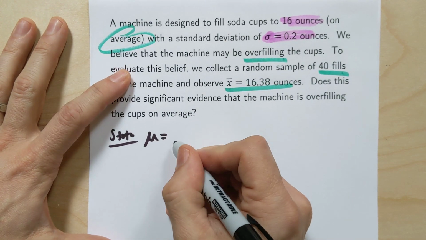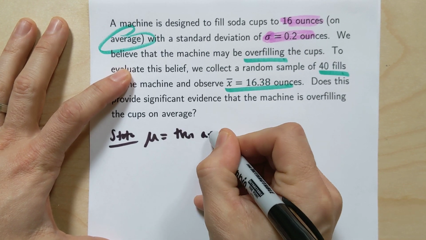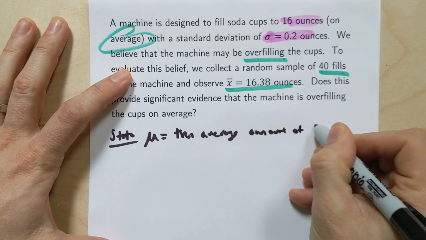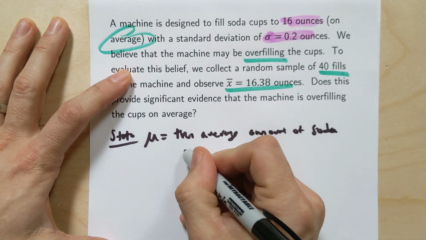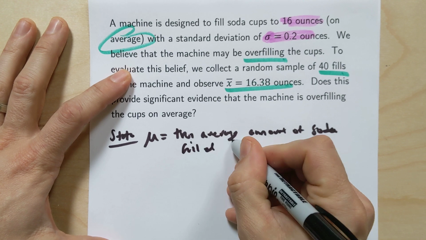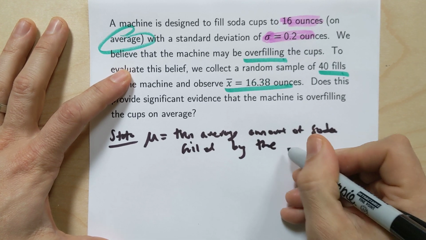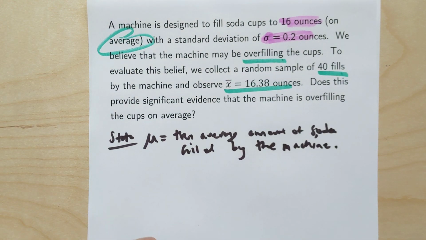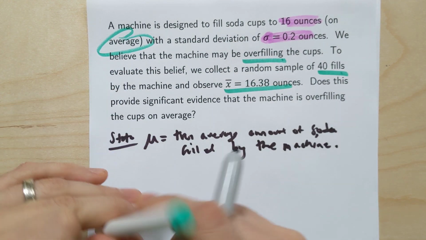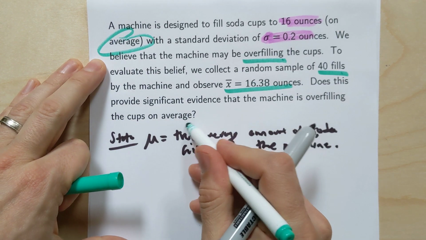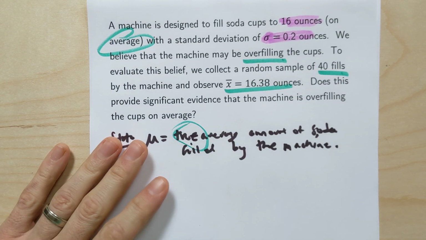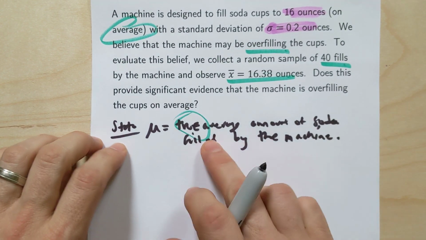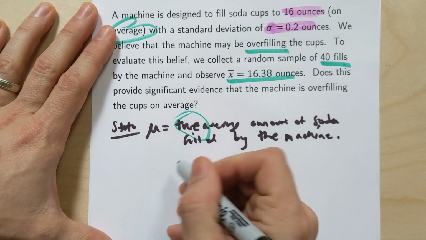So mu, let's say, is the true average amount of soda filled by the machine, how much the machine actually fills the cups. The key word here, and you can barely read it, is the word true, the true average. Make no mistake that what we're really talking about here is a parameter and not some sample statistic. Okay, so that's the first part, and then we'll write our hypotheses.